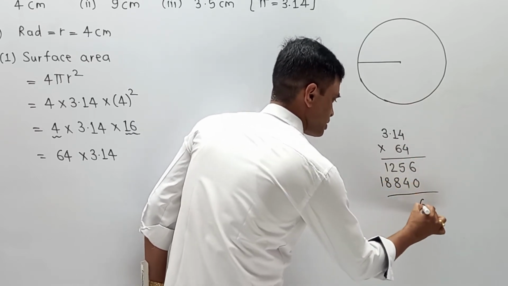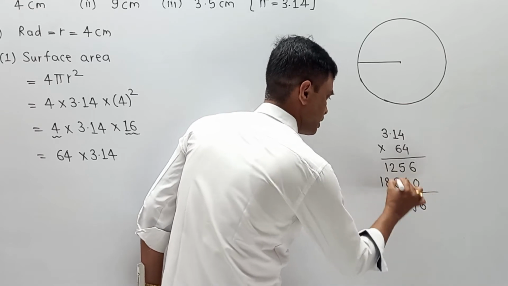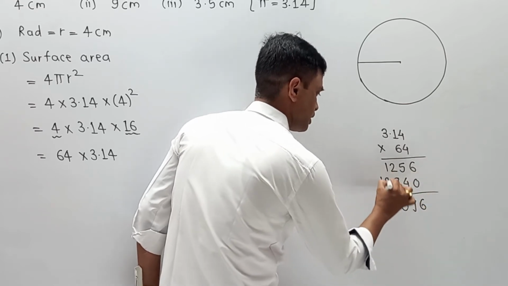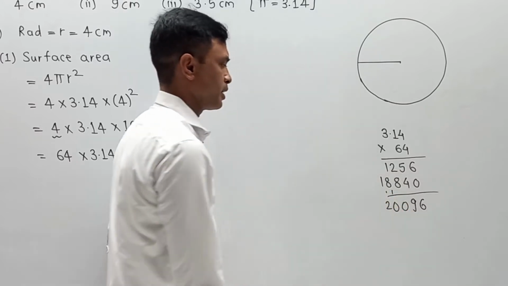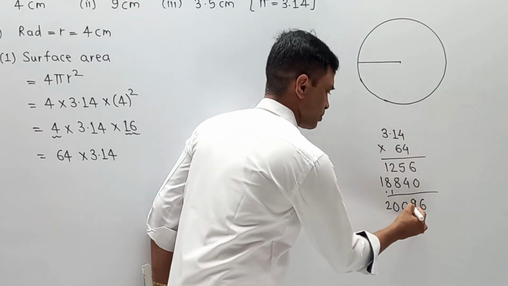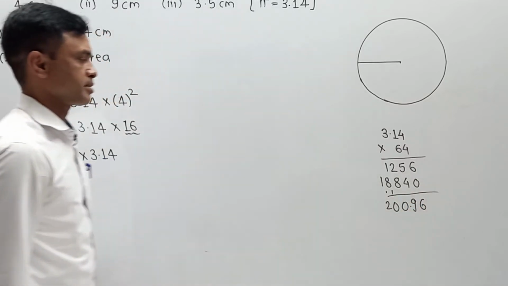So the addition: 6, 5 plus 4 9, 2 plus 8 10, carry 1, 2 plus 8 10, carry 1 and 2, 296. Due to 2 decimal places it becomes 200.96.